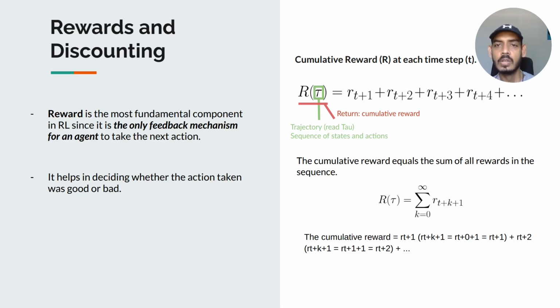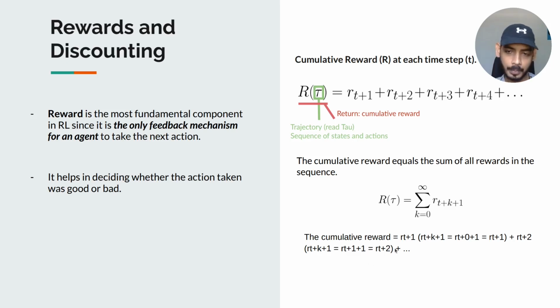Once you are done with the whole RL process, you get a cumulative reward at each time step. It is capital R, which is Rt+1, Rt+2, Rt+3, and Rt+4. For each time step, this is the reward that is generated for the agent, and the cumulative sum of all the rewards is the final reward.